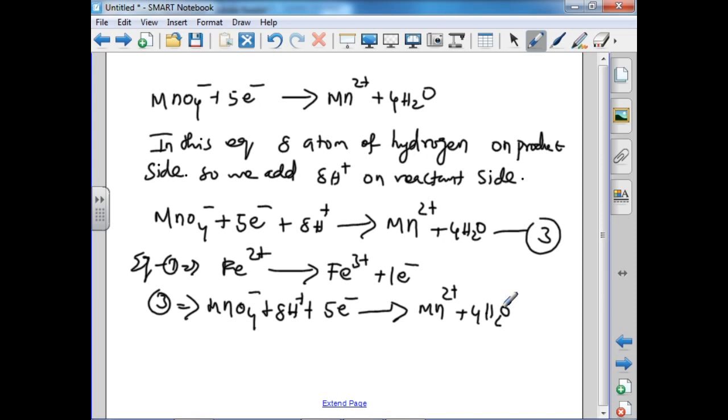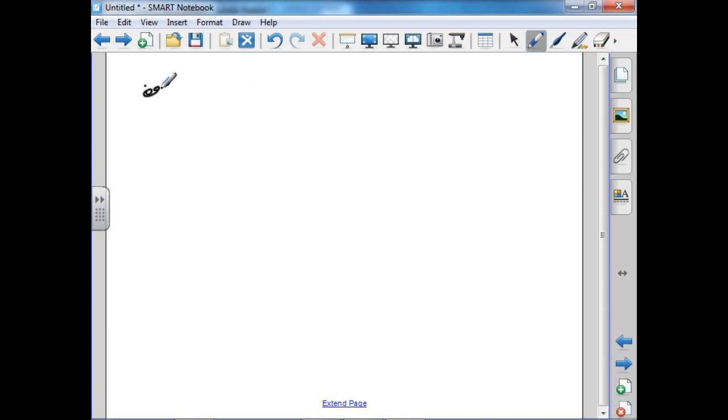So now we are going to balance the electrons on both sides. Multiply equation 1 by 5, because there is only 1 electron on the product side, but the second equation has 5 electrons on the reactant side.